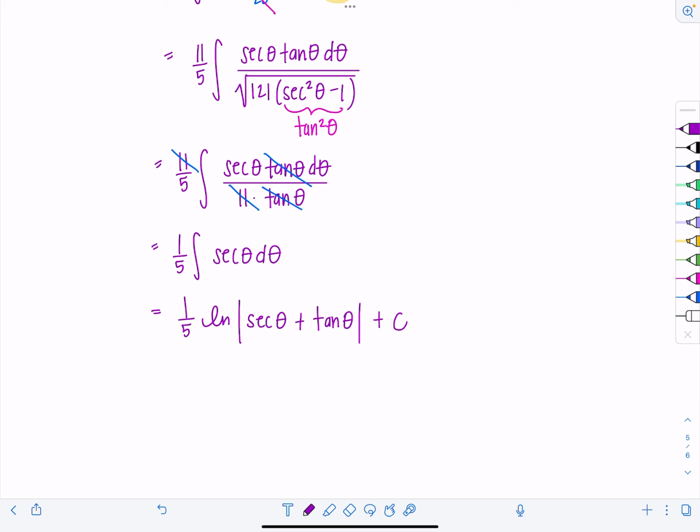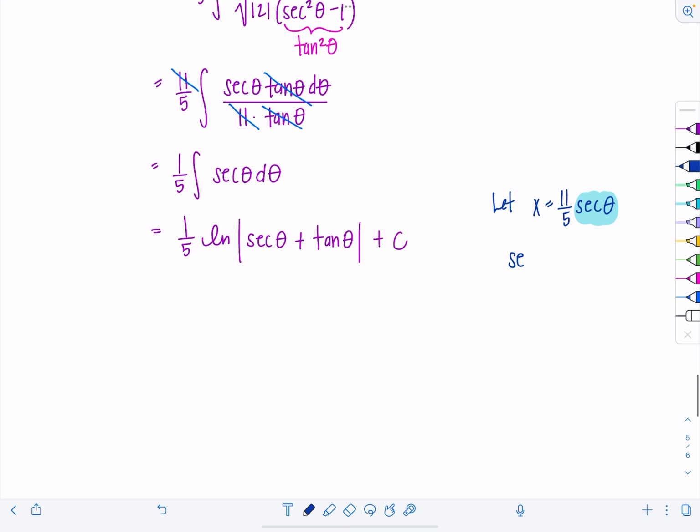All right. Now, remember, original integral was not in terms of theta, it was in terms of x, so it's triangle time. And if you'll remember, we let x equal 11 over 5 secant theta. So always isolate the trig function, all right? So that means secant theta equals 5x over 11.